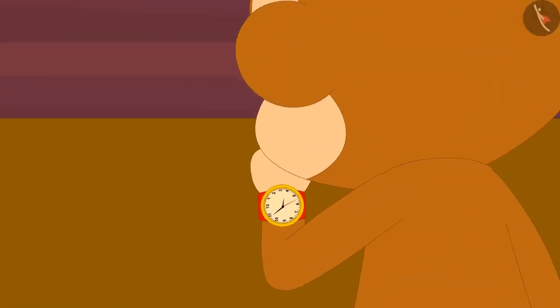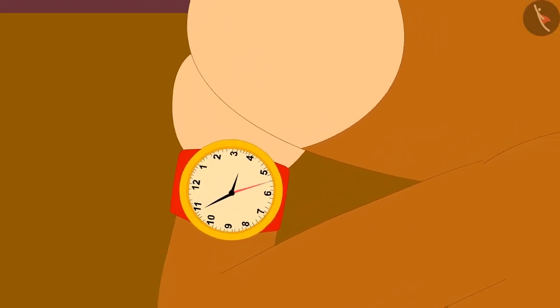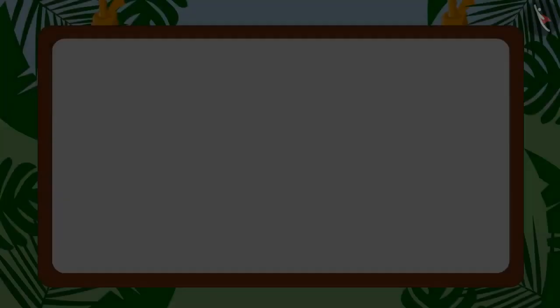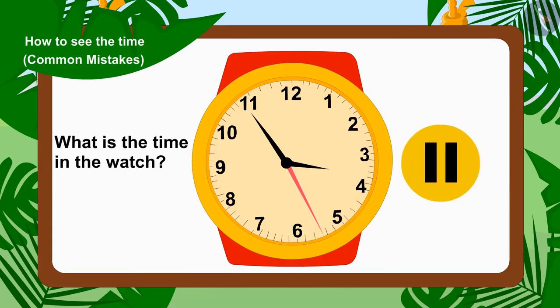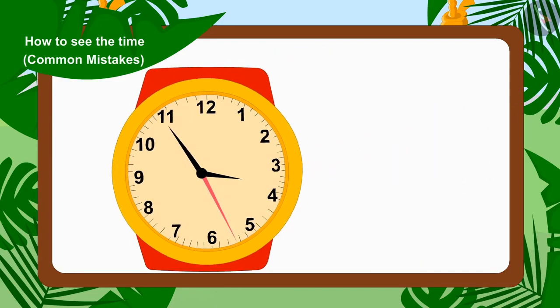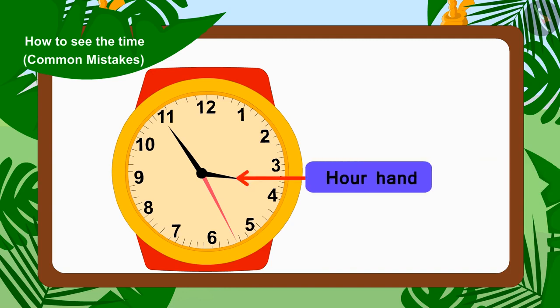Children, can you tell what mistake Babban has made? When Babban saw the time in the clock, the needles of the watch were like this. Can you tell what time it is in the watch? If you want, you can stop the video and find the answer. That's correct. The hour needle is between 3 and 4.